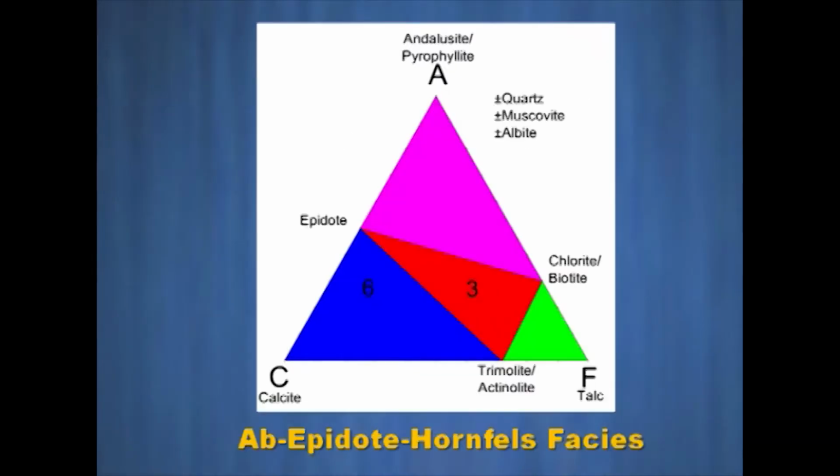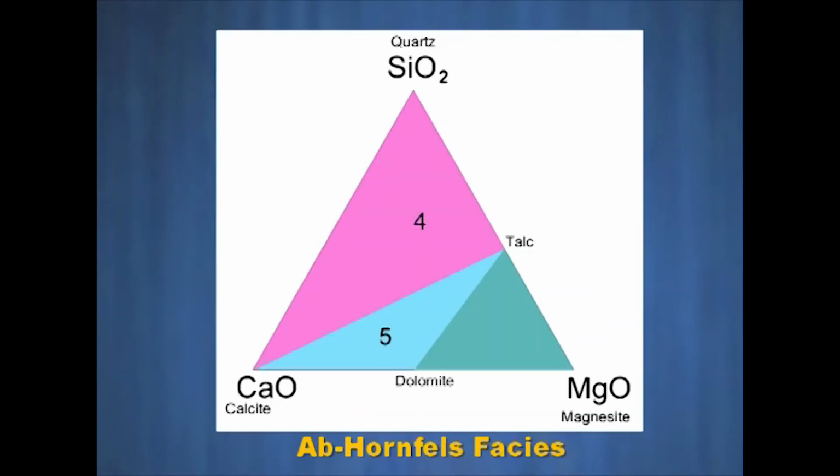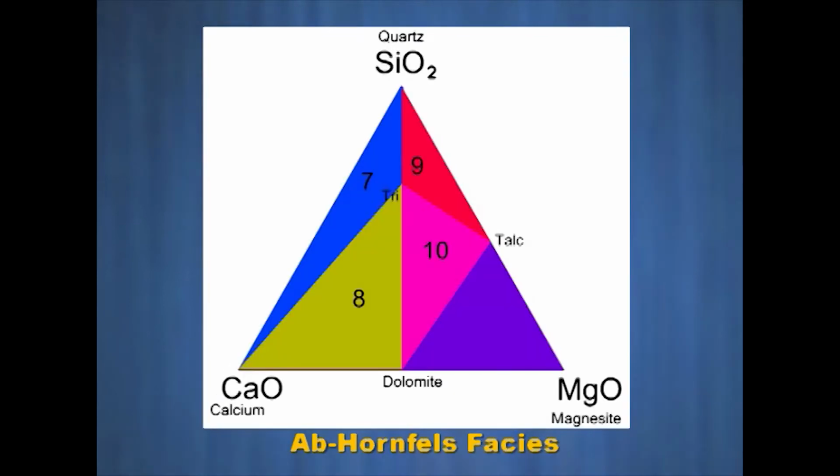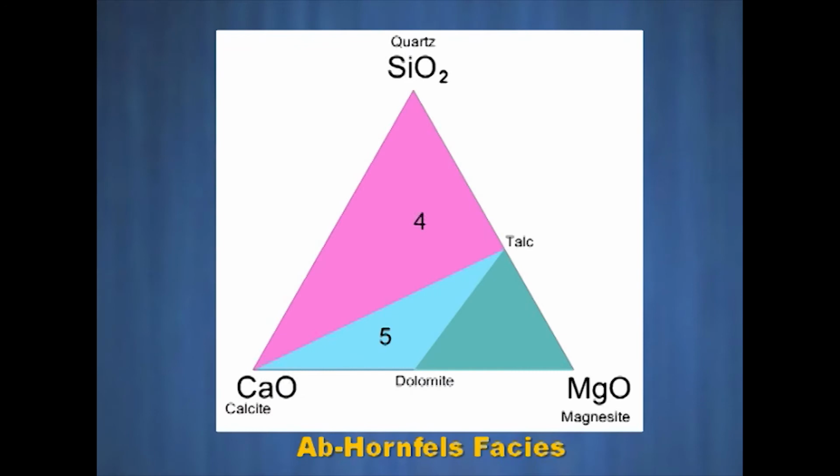Basic assemblage: albite, epidote, actinolite, chlorite, plus or minus quartz, plus or minus biotite. Calcareous assemblage: calcite, talc, plus or minus quartz. Another calcareous assemblage is calcite, dolomite, talc, calcite, epidote.